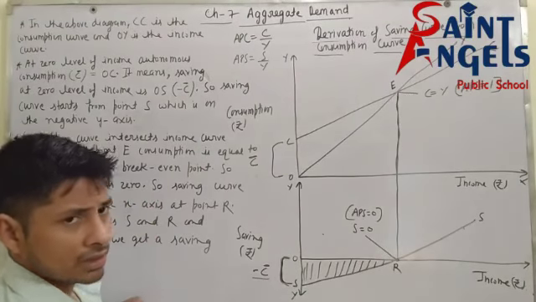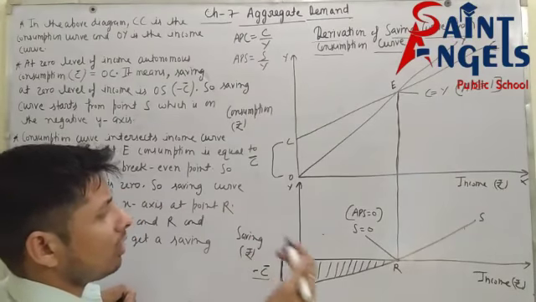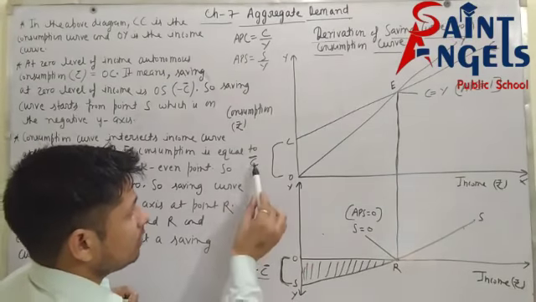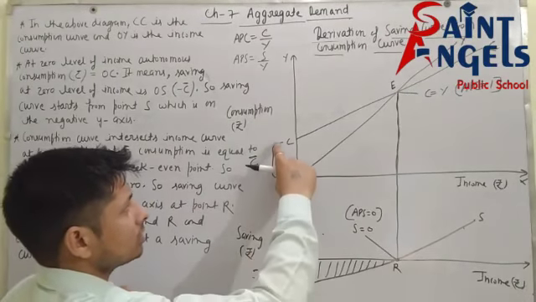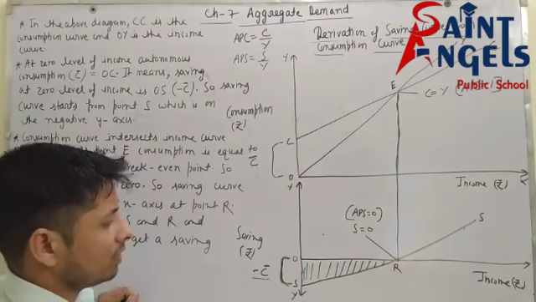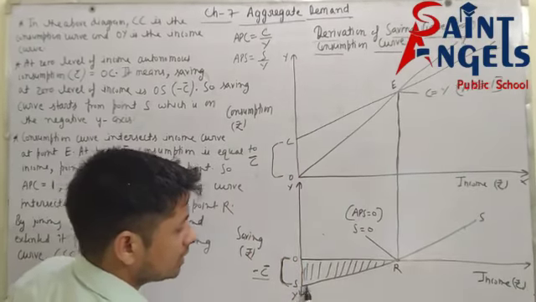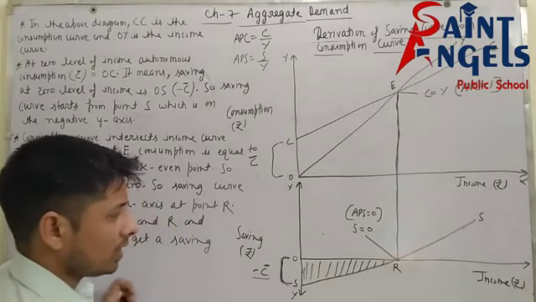Minus C bar means dis-saving, means negative saving, and positive C bar means autonomous consumption. So C bar is equal to minus C bar, means this positive value is equal to negative value. So that's why the saving curve is starting from the negative y-axis, means from point S.